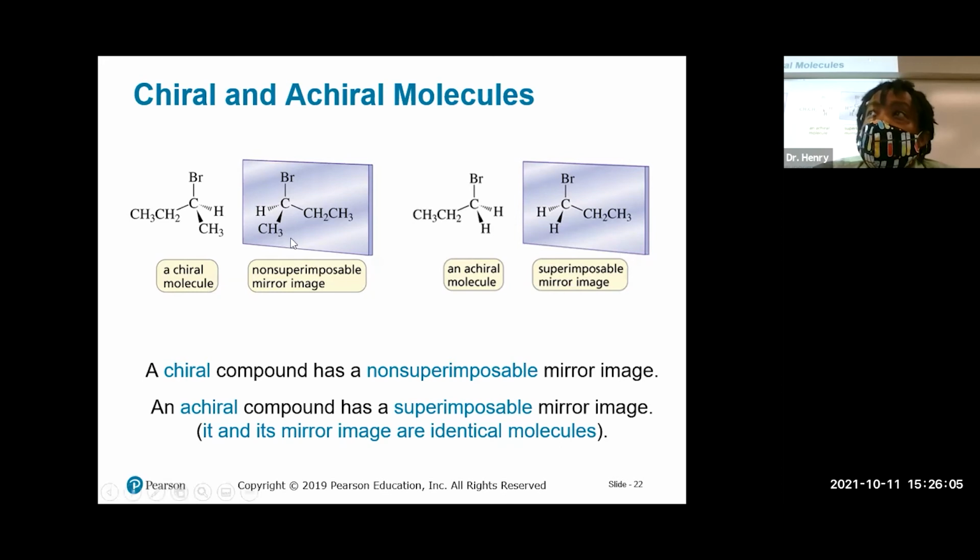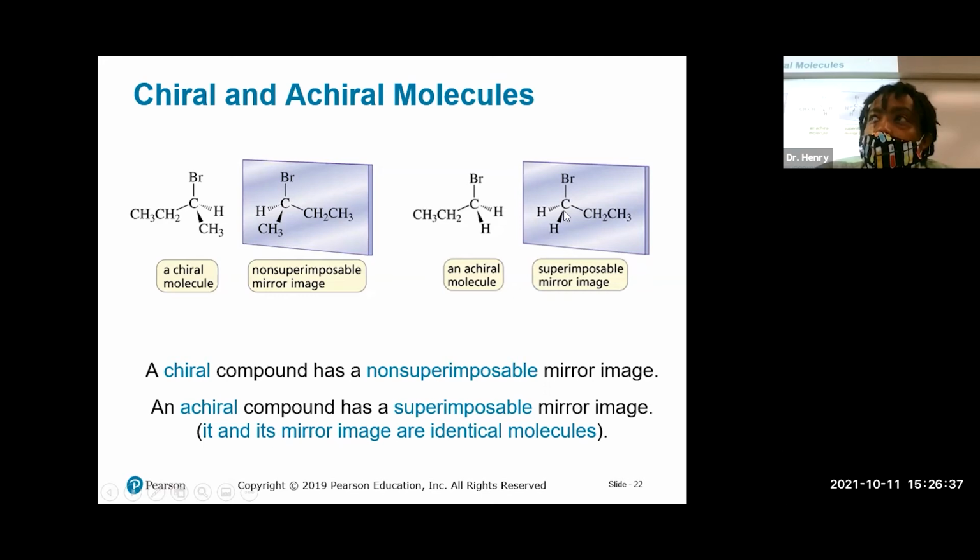This is just showing you the chiral molecule. You can see that they're not superimposable on each other, the mirror image. An achiral molecule can be superimposed on itself.